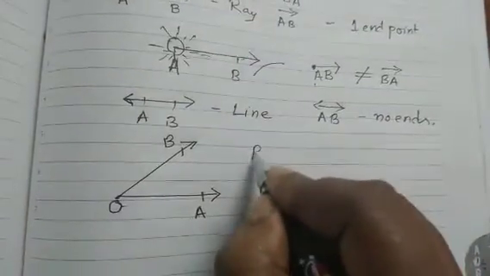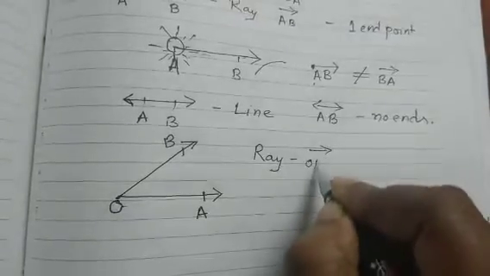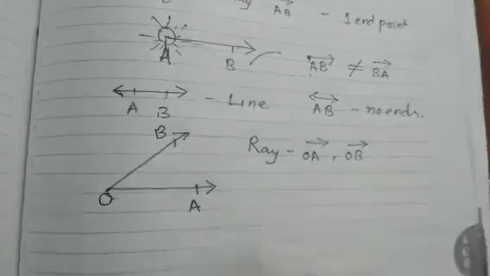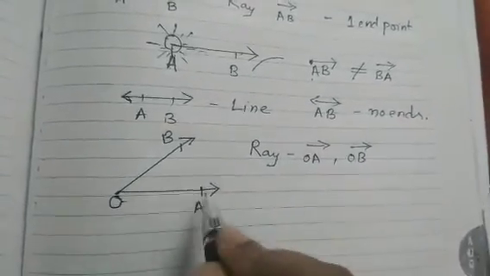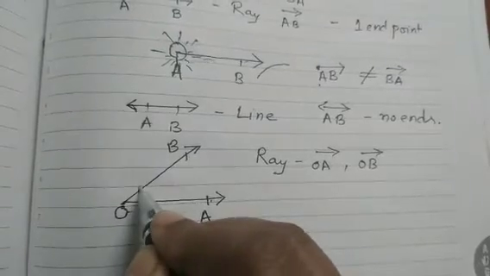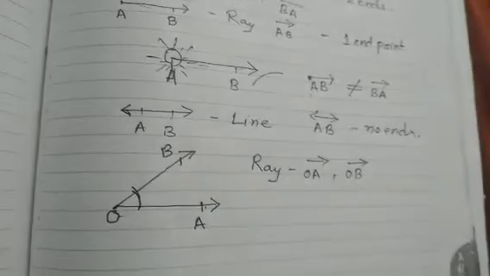Here I have two rays: ray OA and ray OB. When this opens, this area gives the angle.